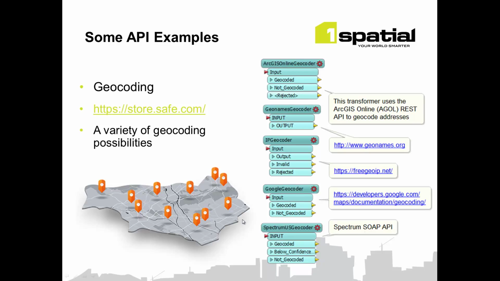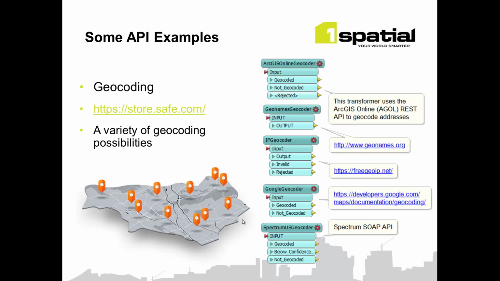Just on the API side, to conclude really, I wanted to highlight a few transformers that are available in the FME store for geocoding. All of these are custom transformers, and they've been constructed by either Safe Software developers who wanted to extend a little bit of the capability of the tool, or third-party organisations.